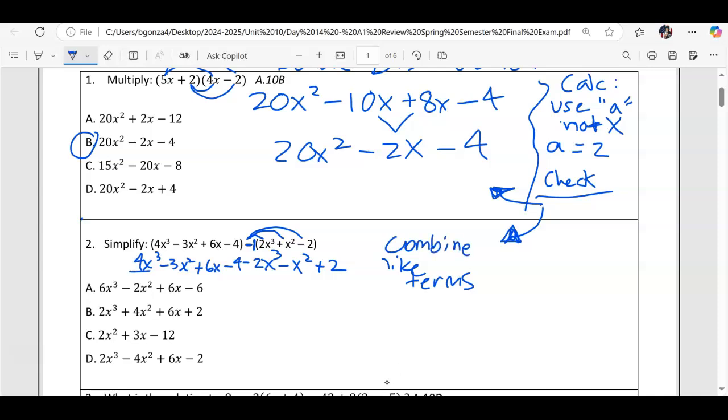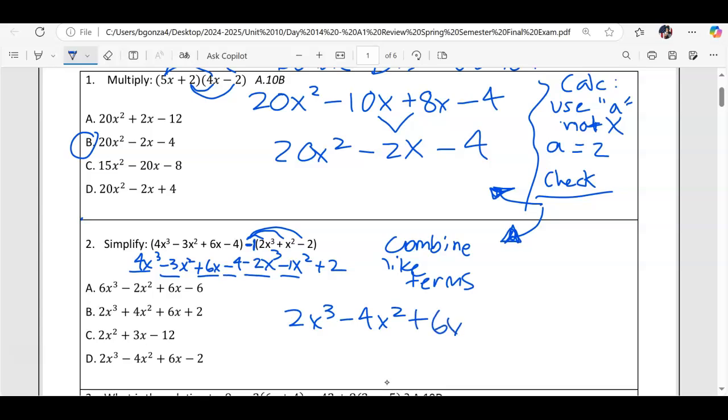All right, so you got what? 4x cubed minus 2x cubed, which is 2x cubed. Negative 3x squared minus 1x squared is negative 4x squared. Positive 6x is the only x term.